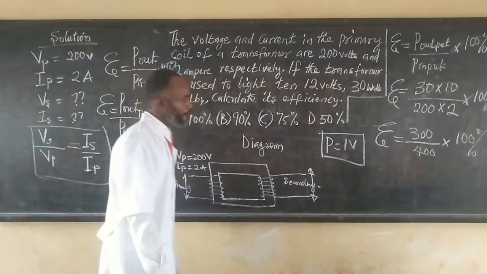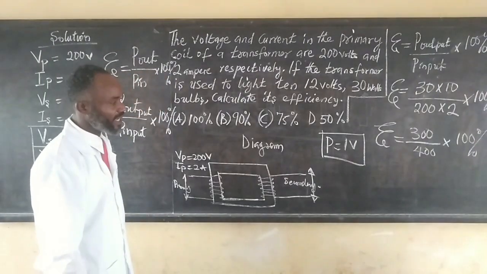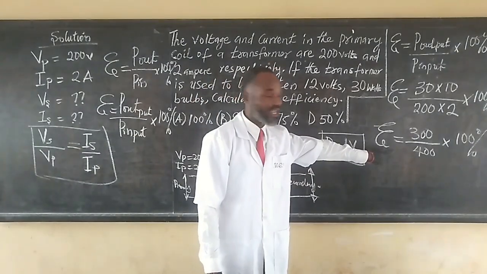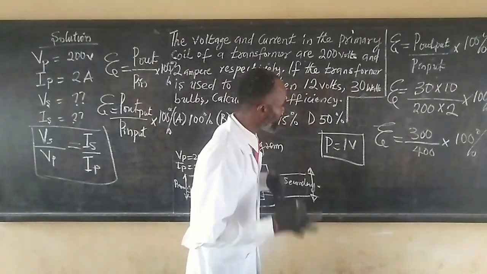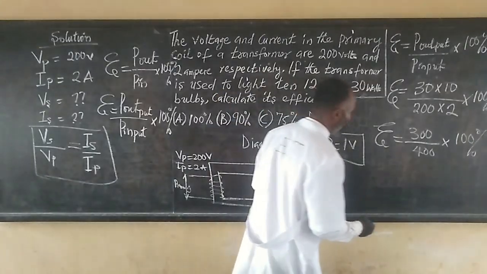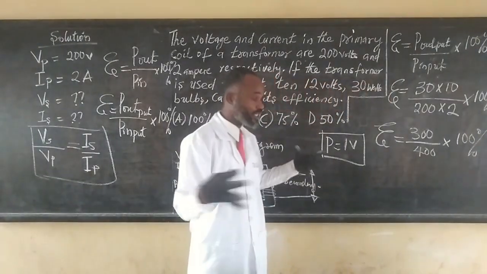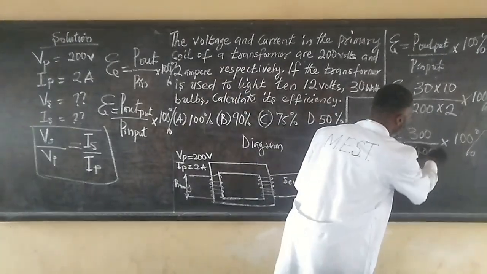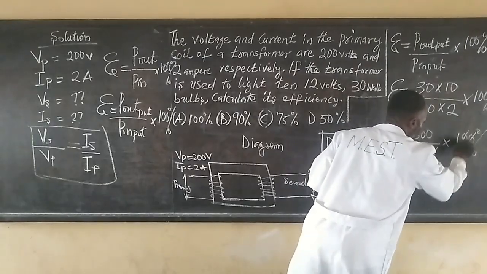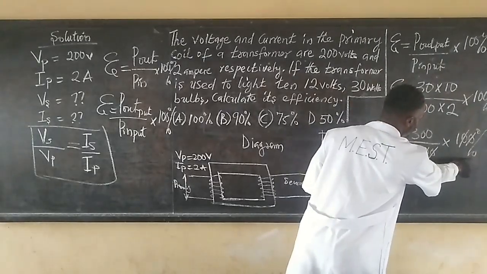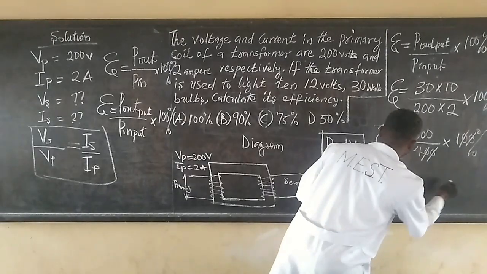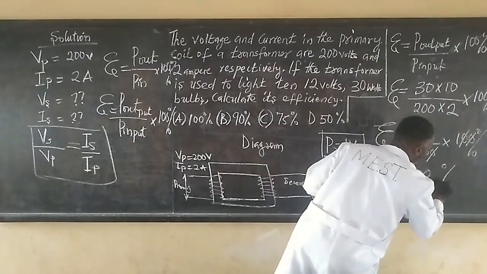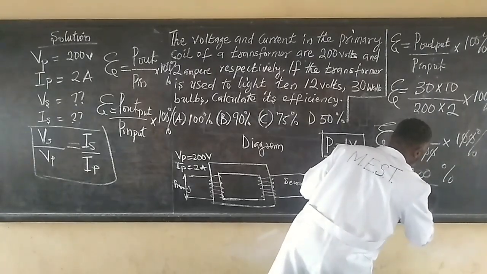Very simple. What are we saying? We are almost there. By the time we simplify further by cancelling out where necessary and multiplying or dividing where necessary, we cancel the 0 here and the 0 here. We are left with just the percentage sign. And the next thing is our efficiency is 300 percent over 4.